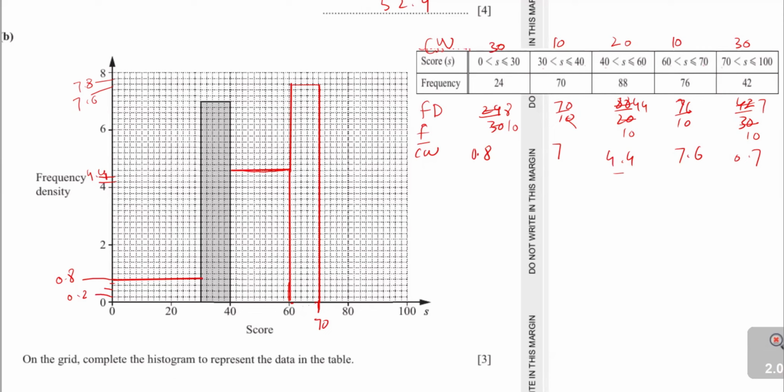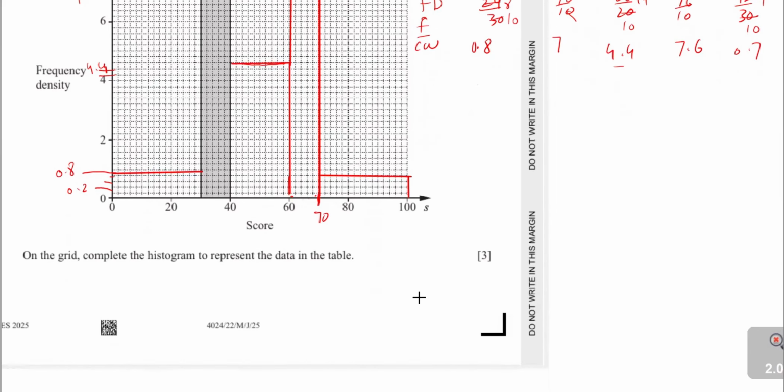Next is 70 to 100, and this height is 0.7. This position is 0.6, and we take the middle of 0.8 and 0.6. This middle value is 0.7 height, and we take this bar from 70 to 100. And this is the histogram.